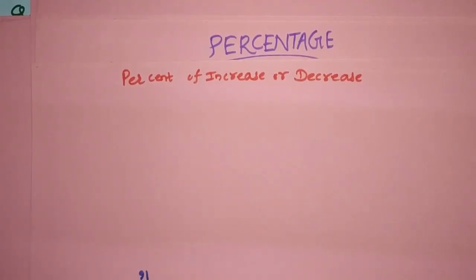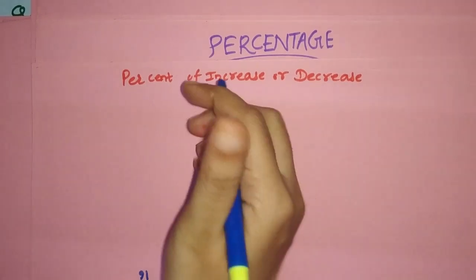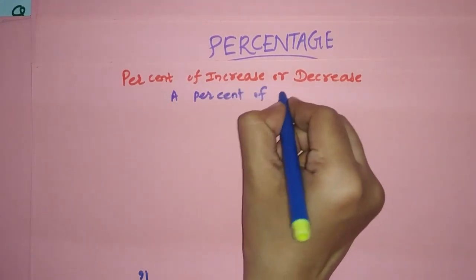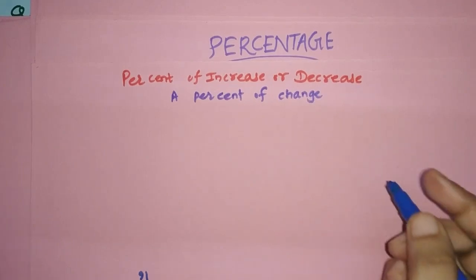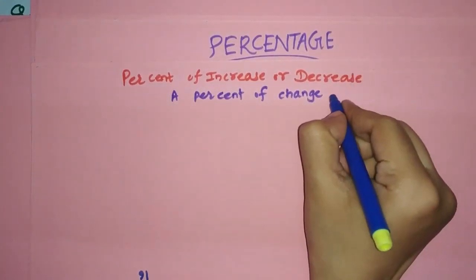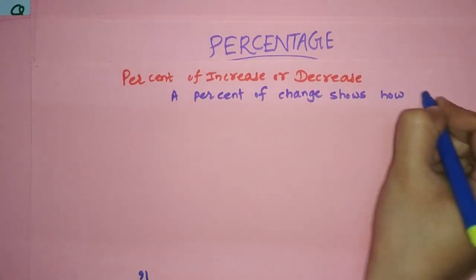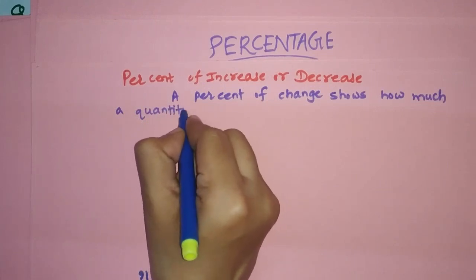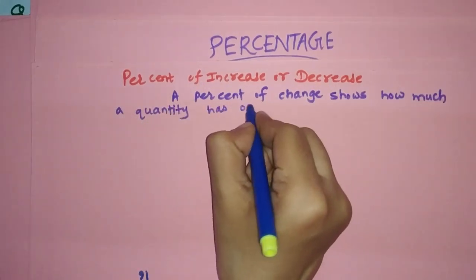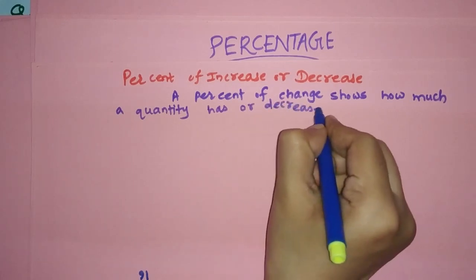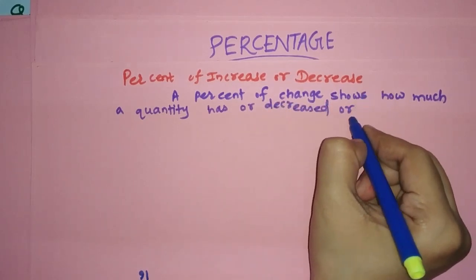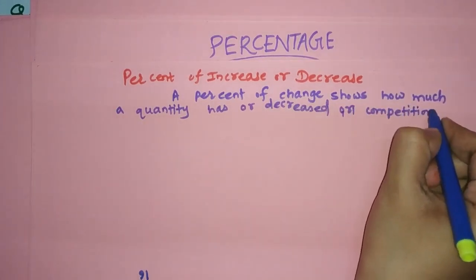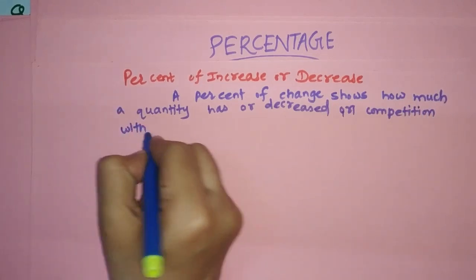So friends, now we will see percent of increase or decrease. We know that a percent of change shows how much a quantity has increased or decreased in comparison with the given quantity.